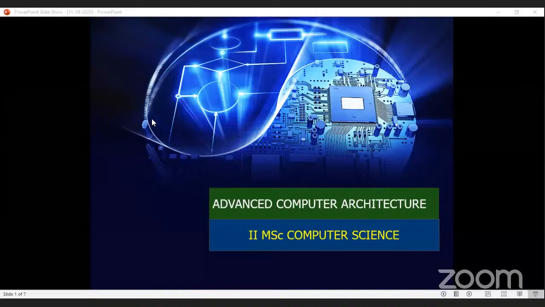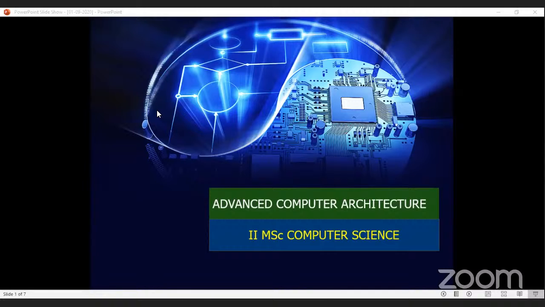We did the fundamentals. We discussed the generations of computers under this paper. Then we did some topics related to parallelism, that means elements of modern computers.